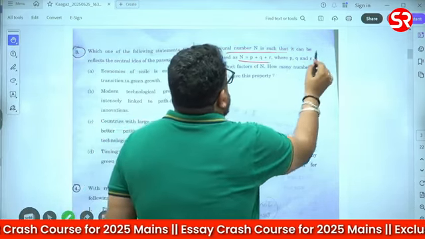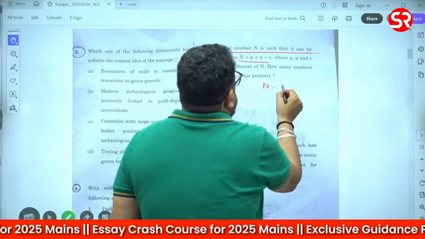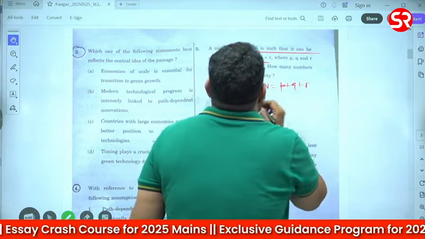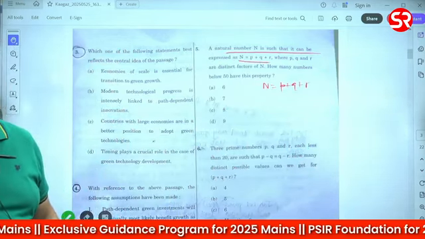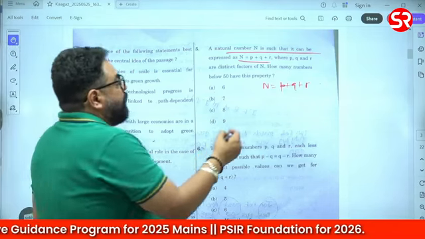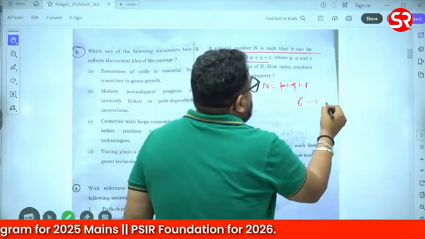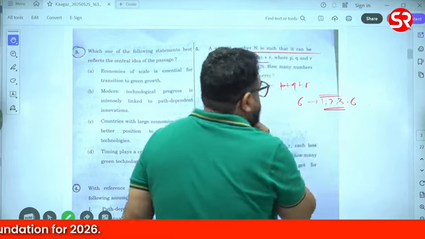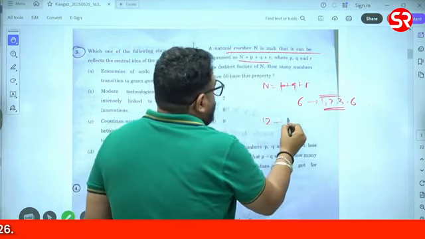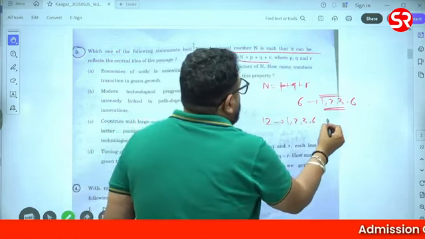N is a natural number such that P plus Q plus R, where P, Q, R are distinct factors of N, right? So I see the factors of 6 are 1, 2, and 1 plus 2 plus 3 is equal to 6. 12's factors are 1, 2, 3, 4, 6, 12.